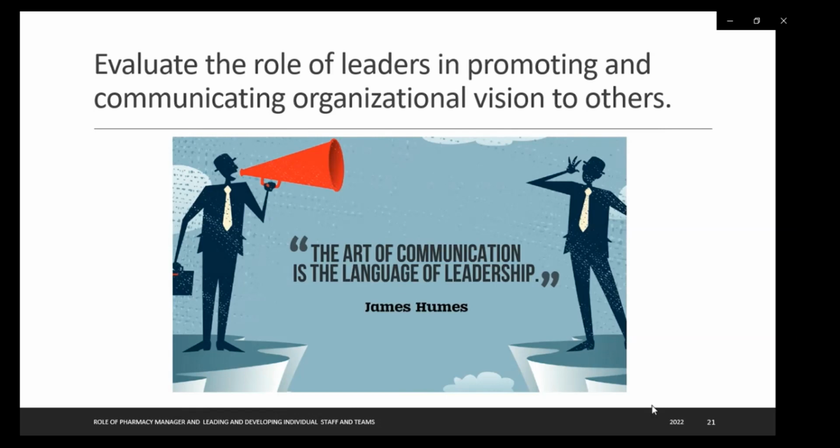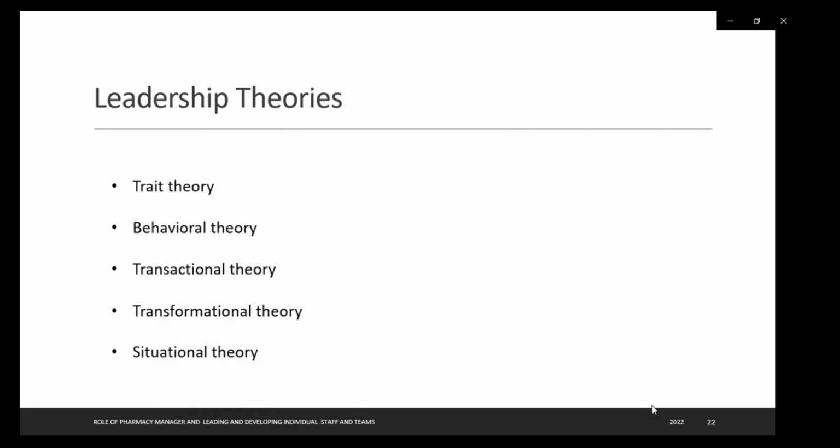Let's move to the next slide. Leadership theories. There are a few leadership theories such as trait theory, behavioral theory, transactional theory, transformational theory, and situational theory.